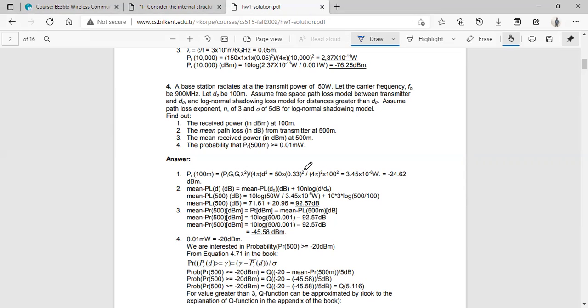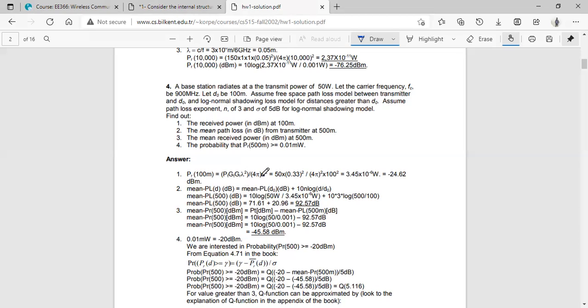So rearranging the equation, the receiver power PR is equal to the transmitter power multiplied by the transmitter gain multiplied by the receiver gain multiplied by lambda squared divided by 4 pi times d squared.